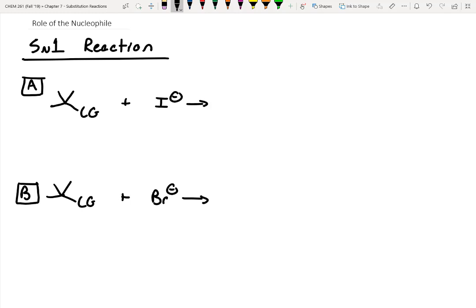What's the first step going to be for an SN1 reaction for either of these, A or B? Leaving group falling off. So in either of these cases, our leaving group could fall off. Why are these good candidates for SN1 reactions and not SN2 reactions? Yeah, because they're tertiary carbocations, which means it's way more likely that these will do SN1 than SN2.